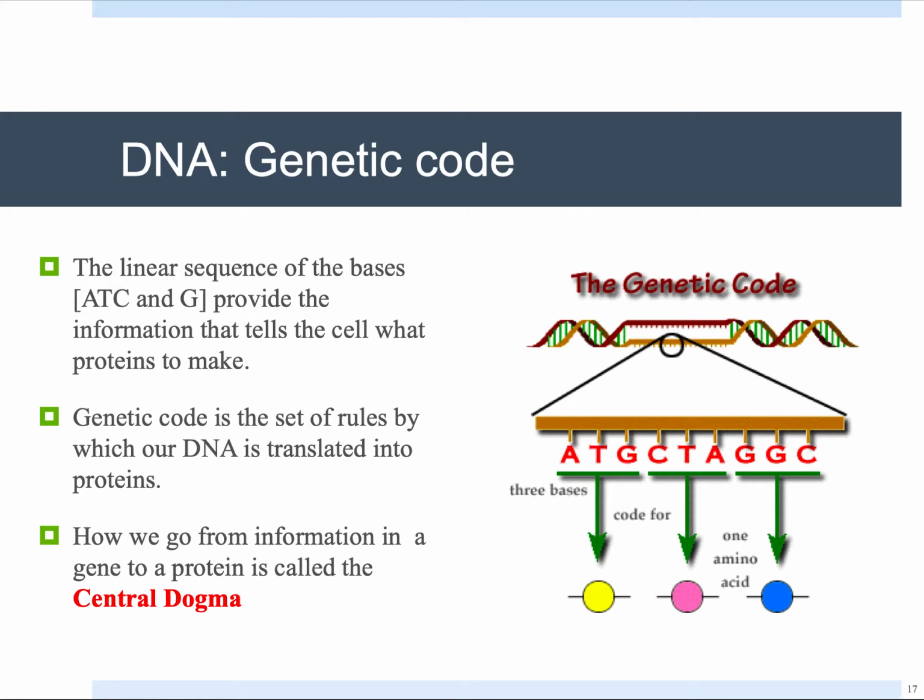So you have the linear sequence of the bases that will provide information and tell the cell what proteins to synthesize. And we have the genetic code, which is a set of rules that we have used the information that we have gotten from the cells to actually decipher that if these sets of genes are transcribed together, then we'll have these proteins.